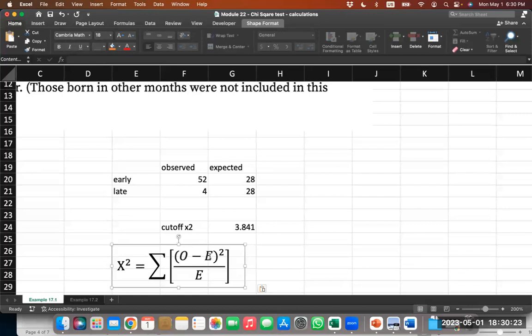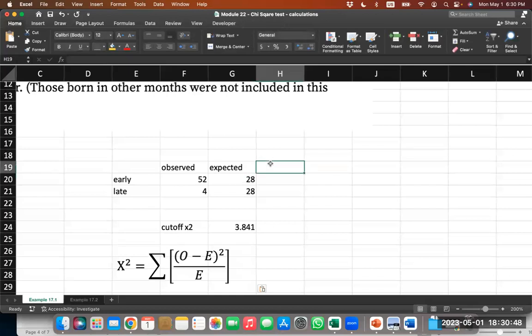So observed minus expected squared divided by the respective expected count for each of our levels will give us each component of that sum that we need to build, and summing all of this up will provide us with a chi-squared. So that's as simple as it could be.